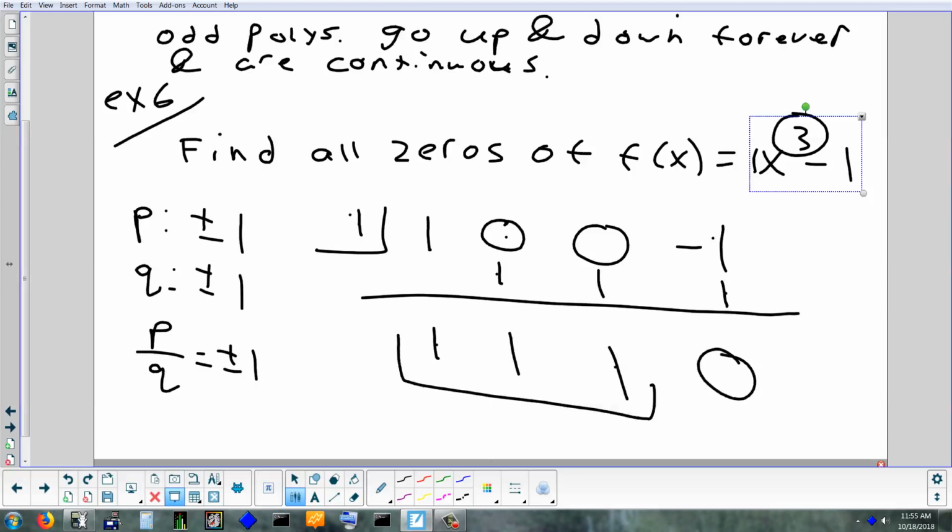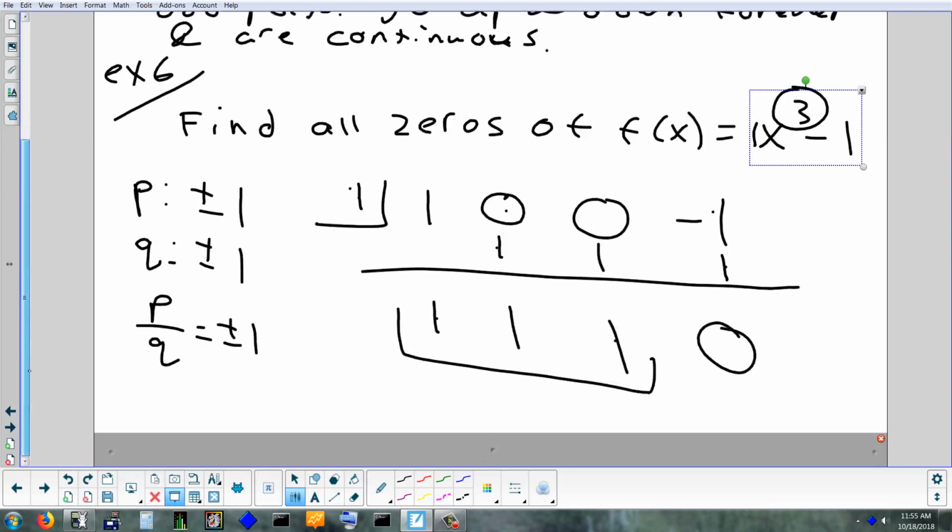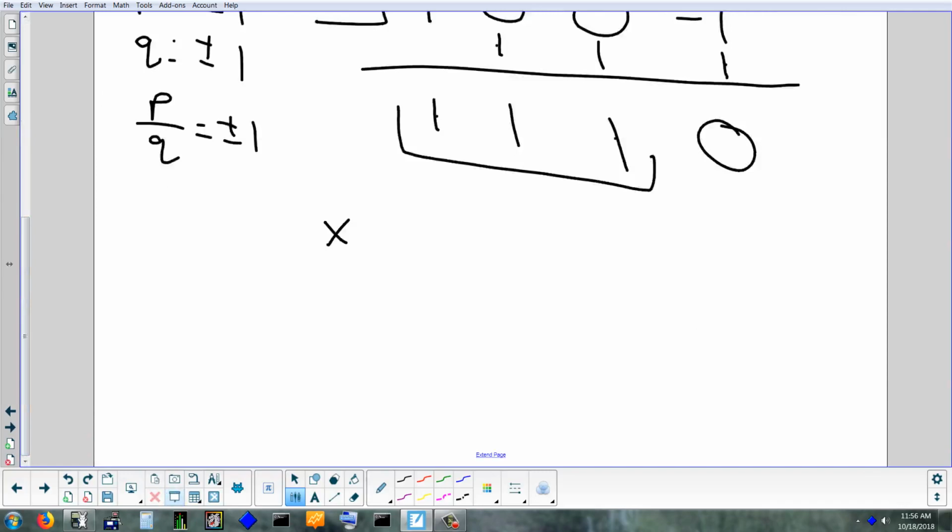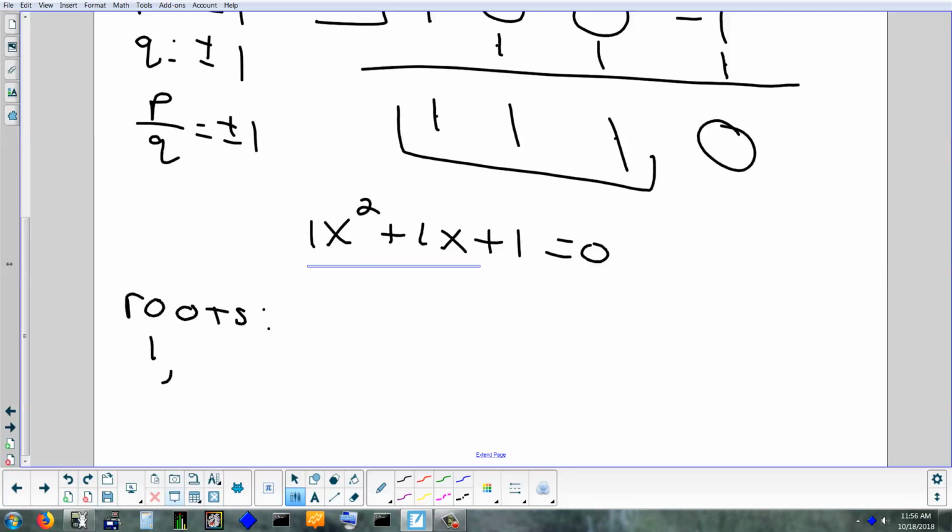That is my quotient. Now I need to solve this problem. 1x squared plus 1x plus 1 equals 0. So if I'm making a list of my roots, 1 is a root. And how would we solve this?